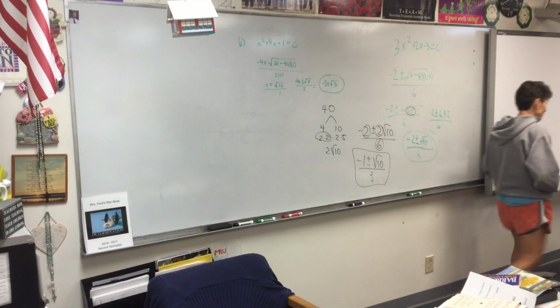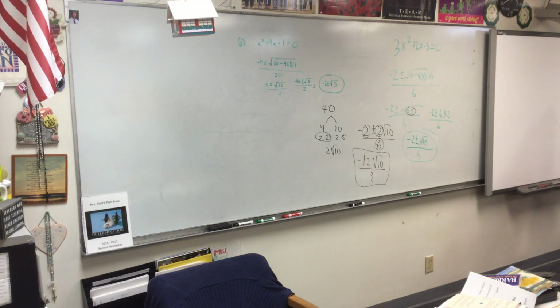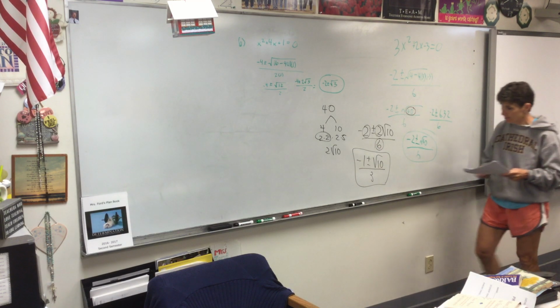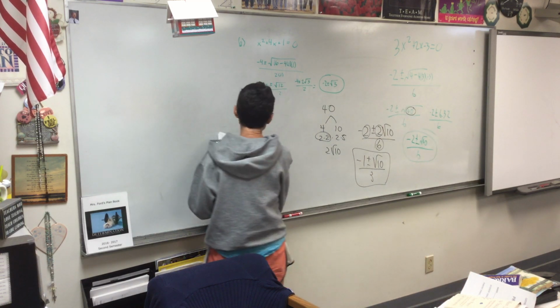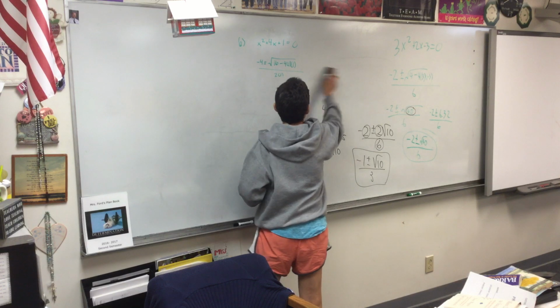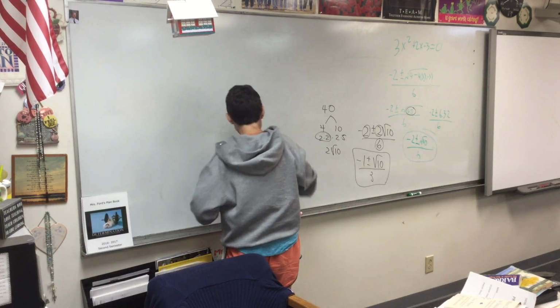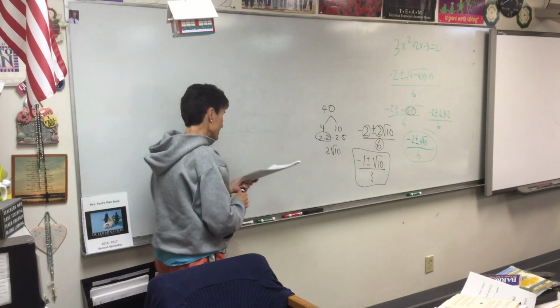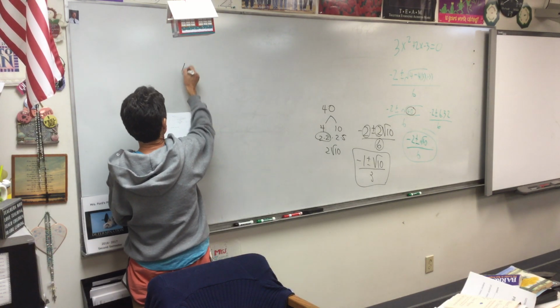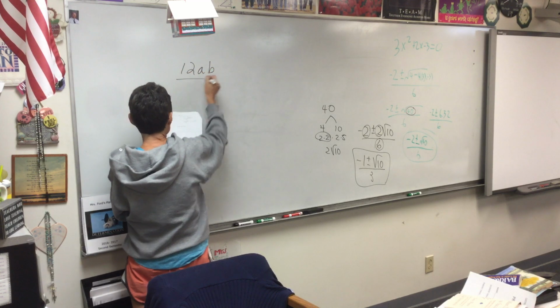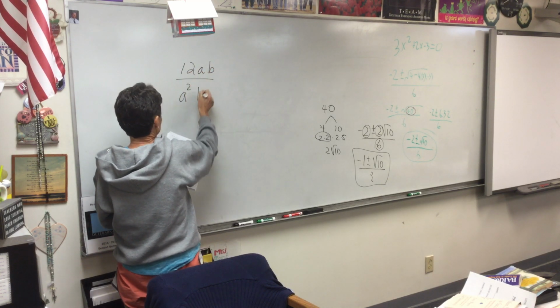Okay, all right, so now we're moving on, marching ahead. Part 60 says, simplify each expression and state the excluded values of the variables. Now, the simplify part is probably pretty easy for you. Look at part 60, number 1. We have 12ab over a squared b squared.